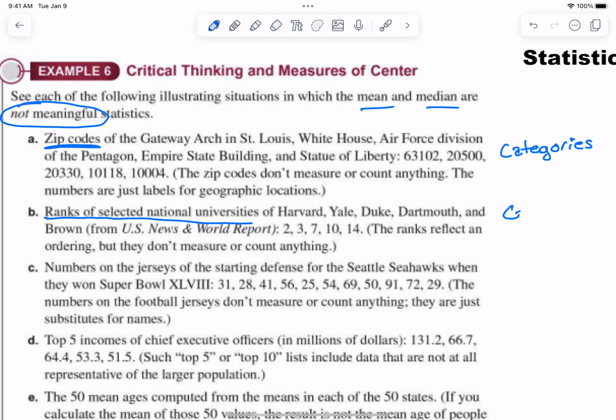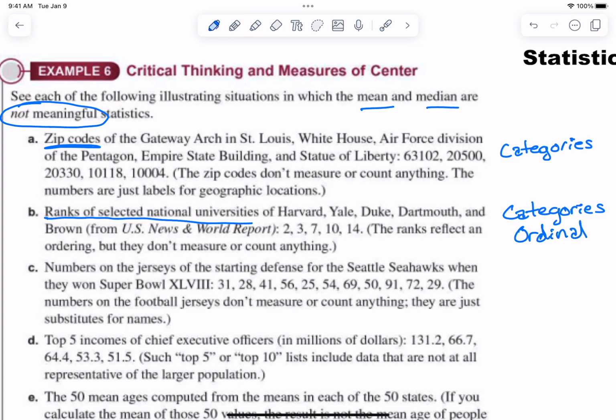Those are all categories. Now, within the categories, if they have rank, do you remember what the classification underneath of categorical data was? Where it has a rank. What is it called if it has a rank? Ordinal. This is ordinal data. Okay, ordinal data, but still it is a category, so it doesn't do a darn bit of good for me to do a mean or a median with that stuff.